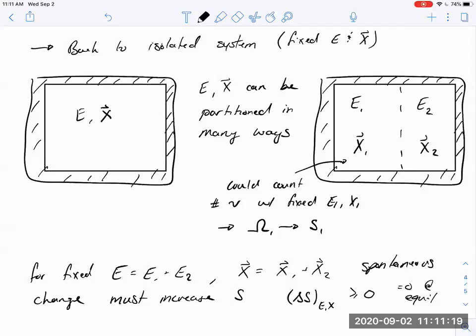So we have all the ingredients now to be able to ask about what happens in those spontaneous processes. We know how to compute the entropy. We know how the entropy is therefore related to things like energies and mechanical variables.